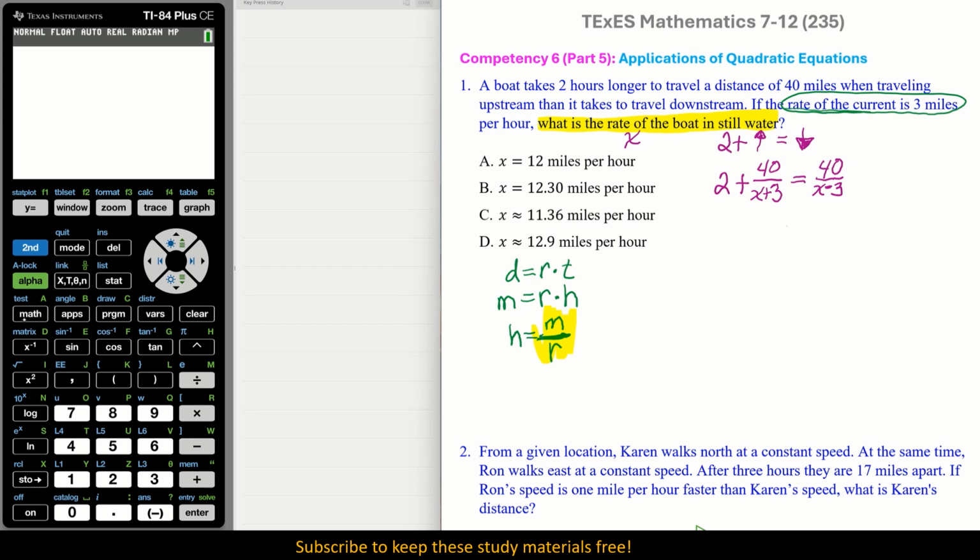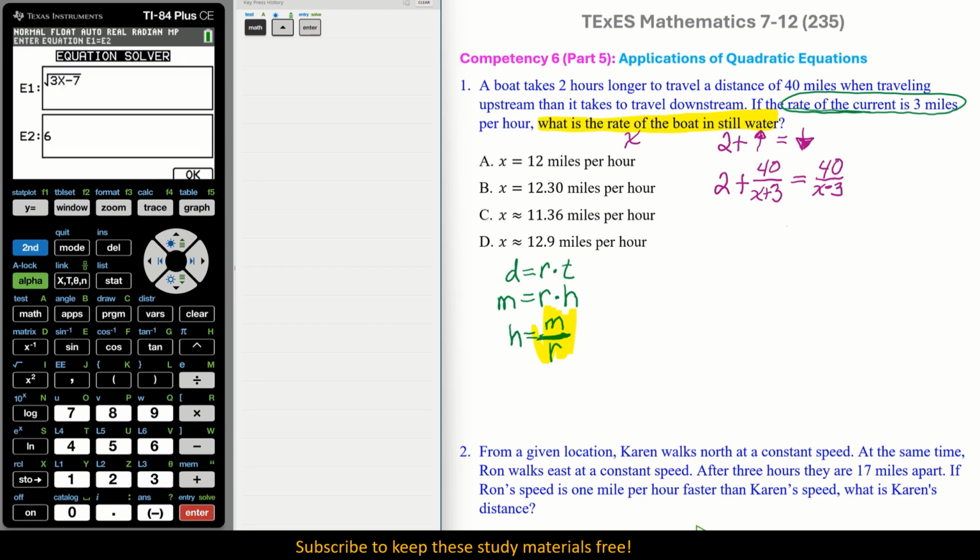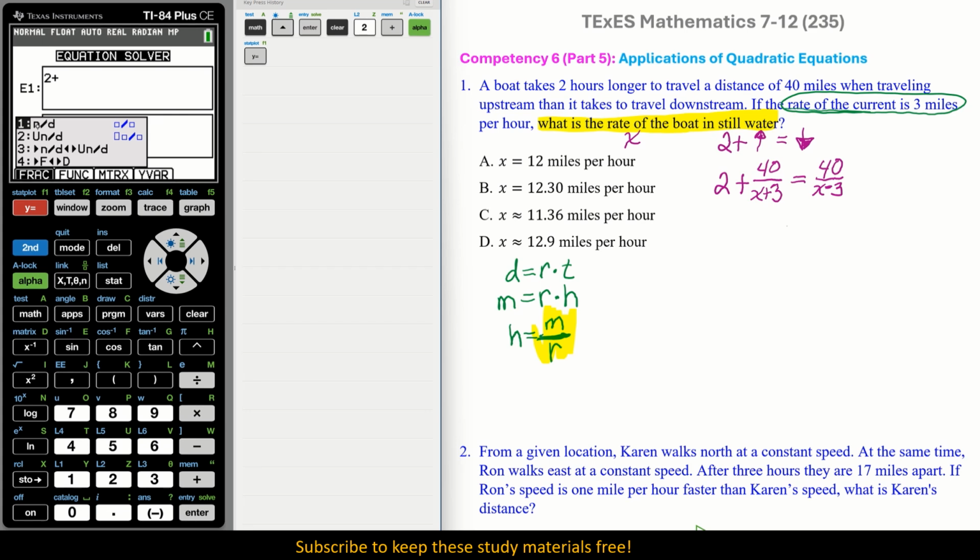So what do we do? We push math, arrow up, and it says C, numeric solver. Push enter and clear out whatever's in there. And we are going to say 2 plus alpha y equals, and that will highlight number 1. That's our fraction.